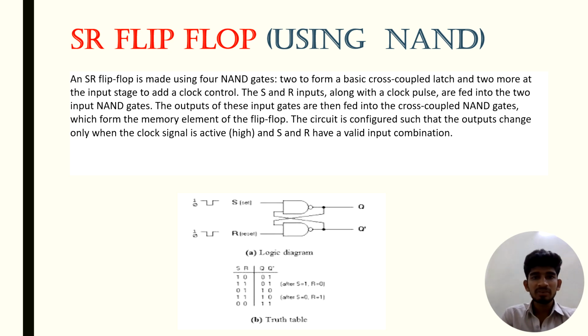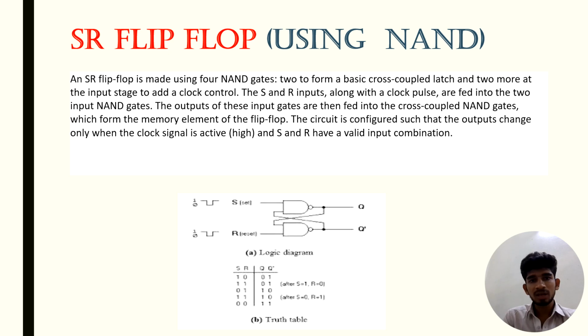Now SR flip-flop using NAND gate. An SR flip-flop is made using 4 NAND gates, 2 from the basic cross-coupled latch and 2 more at the input stage to add the clock control. The S and R inputs are ANDed with a clock pulse and fed into the two input NAND gates.